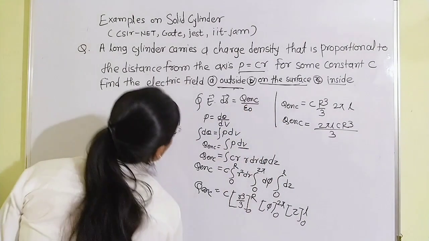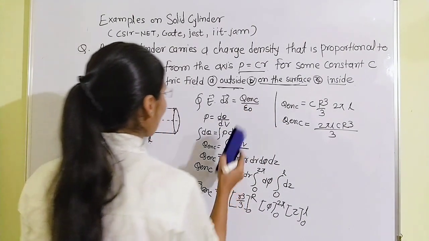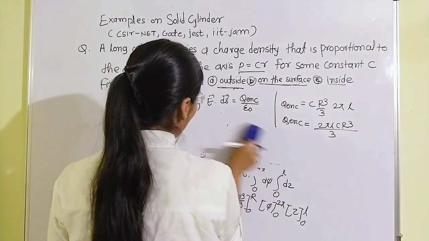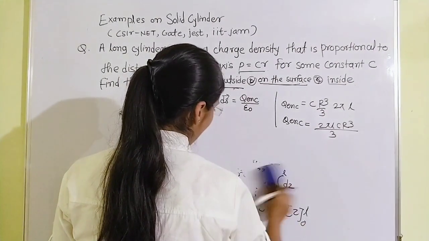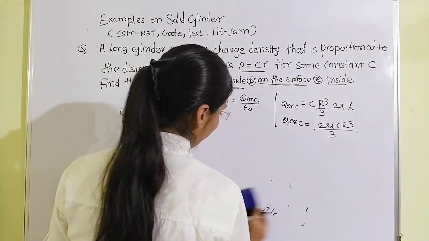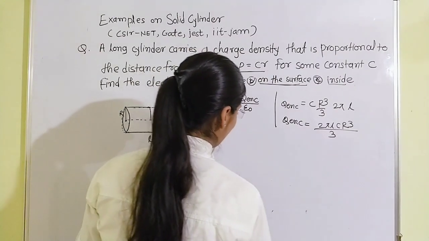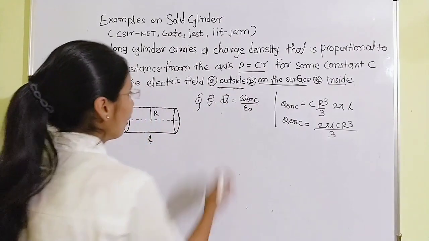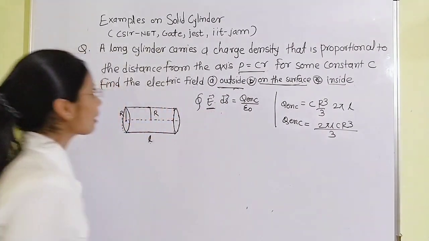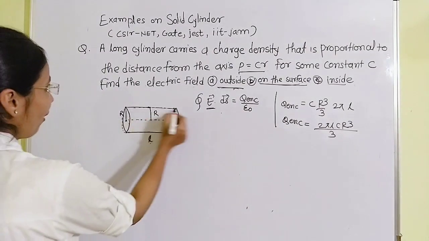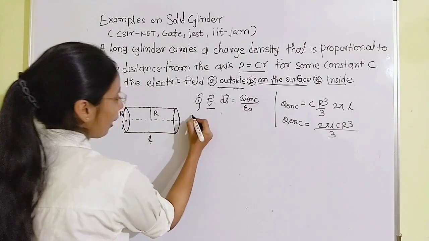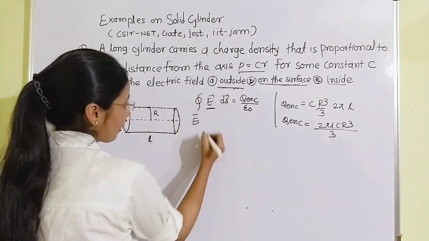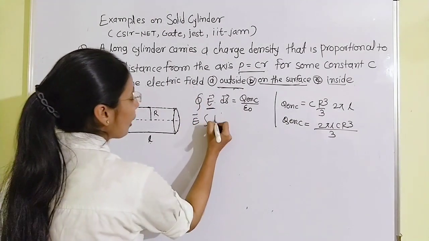So we will put this value here in the integral form of the Gauss law. Here the electric field is constant, so E bar we will take outside the integration, and integral ds.